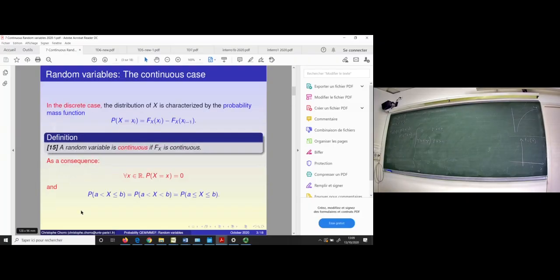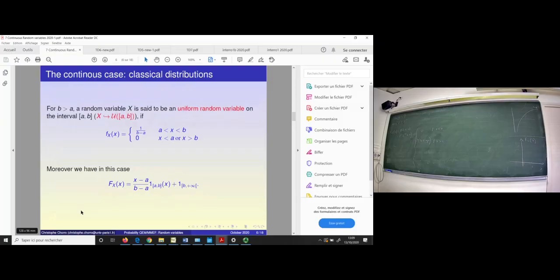So, you have it here. It was 0 before, okay, the lower bound of the interval, 1 after, and the line between both, okay? And here, in the case of the uniform on the interval 0, 1, the line is just the identity mapping on 0, 1. And you take the formula you have in blue on the slide, with b equal to 1 and a equal to 0, and you obtain exactly this one.